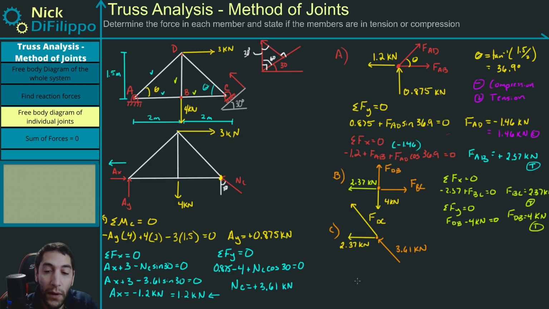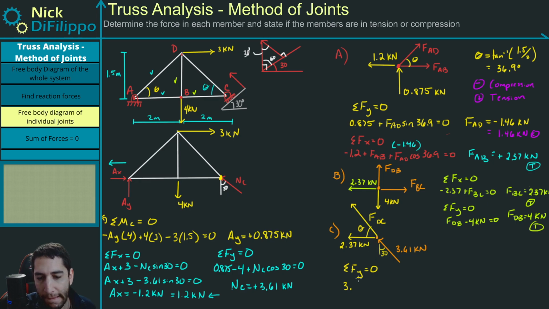I'm going to choose the Y direction because there's less forces in the Y direction. So if I sum my forces in the Y direction, what do I get? This angle right here is 30. This angle right in here is this theta angle. I know I didn't draw it very nicely, but these are two different angles.